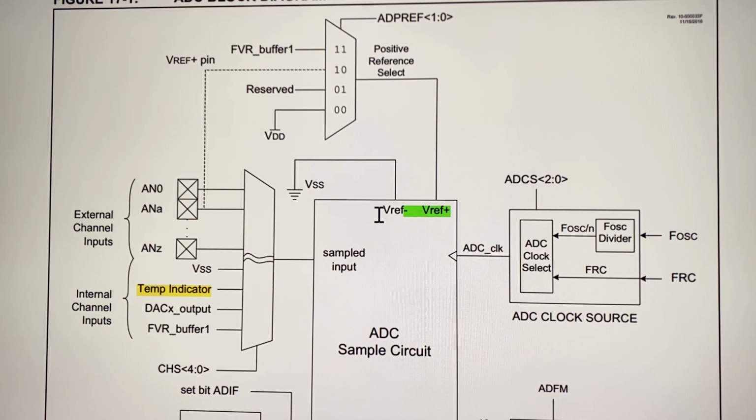The negative reference voltage is placed by default to ground. So notice that you can only work with sensors that work from 0 up to the positive reference voltage.